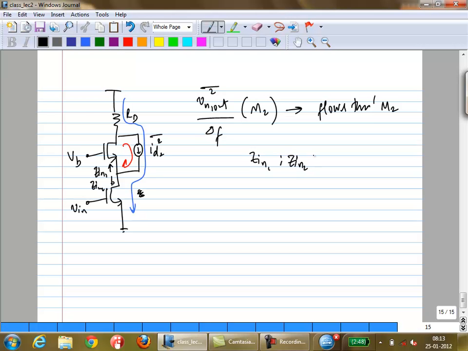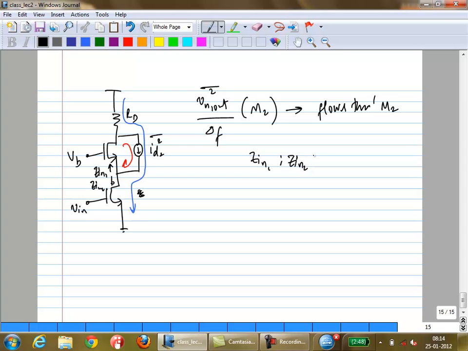Okay? So in other words, M2 actually doesn't produce a lot of noise. That's what you find out. So if you have a cascode structure, the cascode transistor does not contribute a lot of noise at the output. And that of course depends on the ratio of the input impedance and the output impedance of the transistor.